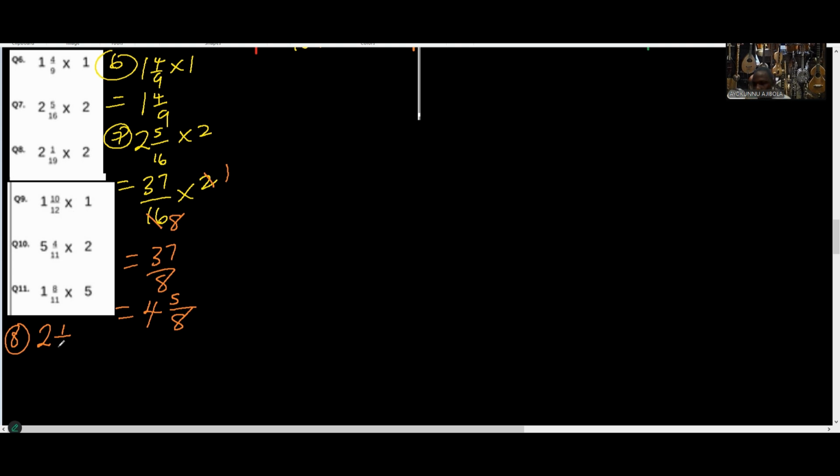So 2 whole 1 over 19 times 2. So here we have 19 times 2 is 38, and that's 39 over 19 times 2. Unfortunately, there is nothing that can divide here, so separate this place so that you don't get confused when you're writing. So this is 39 times 2.